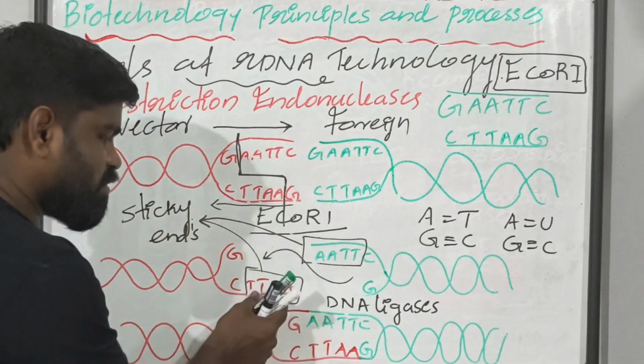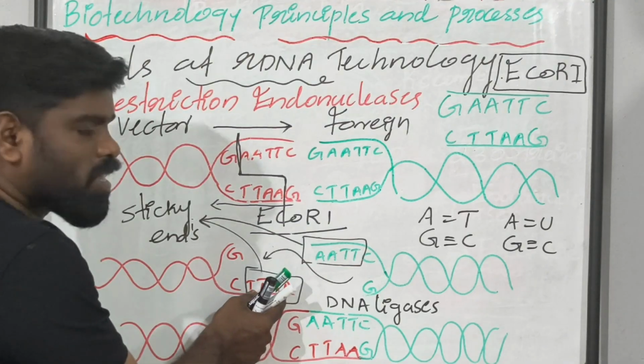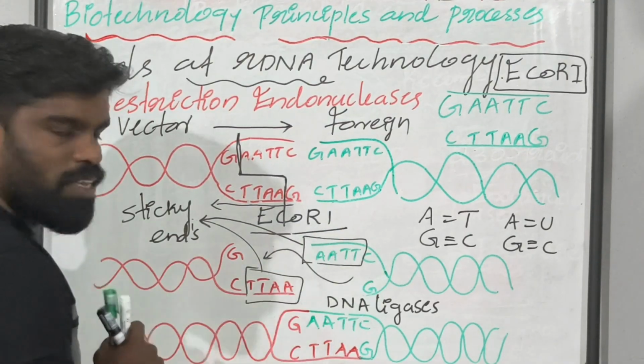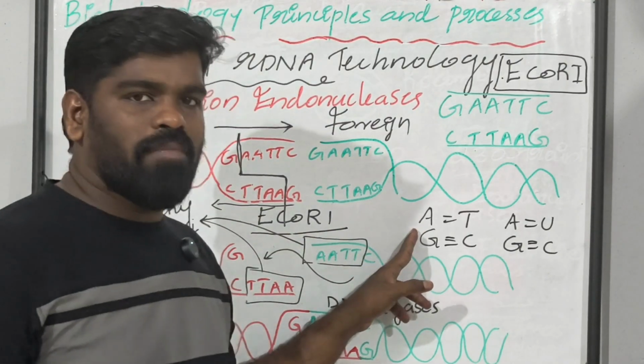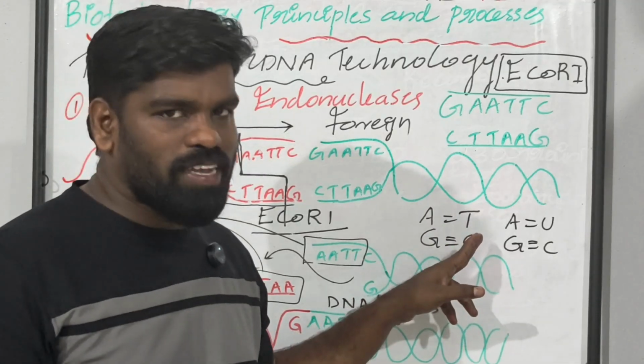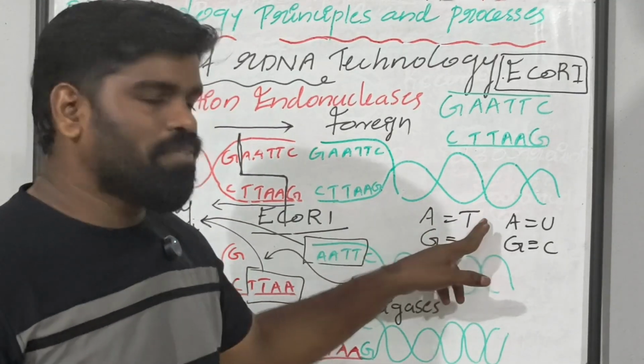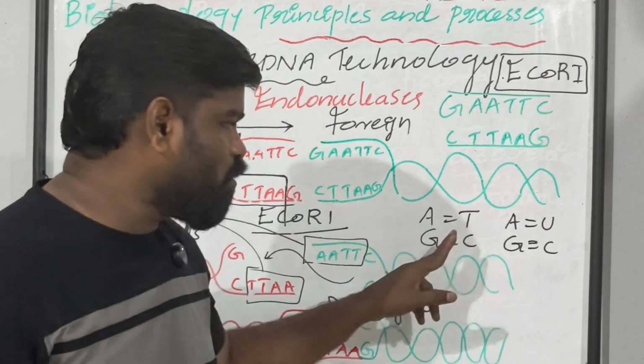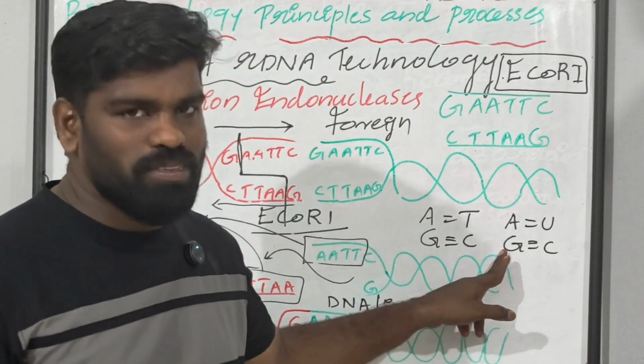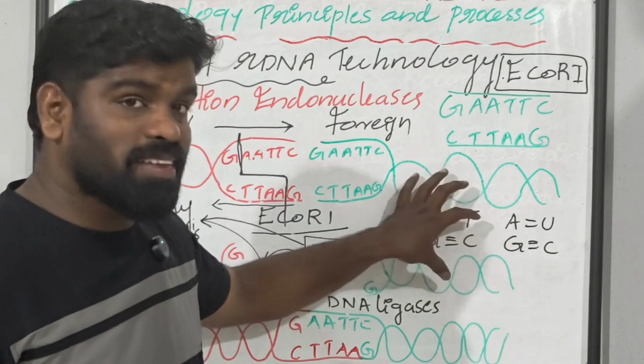Now the sticky ends are complementary to each other. You can look here, adenine pairs with thymine. This we have already studied in the chapter molecular basis of inheritance. Adenine pairs with thymine with 2 hydrogen bonds, guanine pairs with cytosine with 3 hydrogen bonds. This is in the case of DNA.